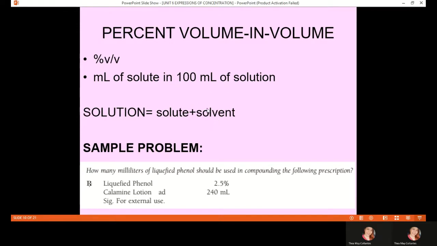So if you have 10 grams of NaCl and 90 ml of water, that comprises about 100 ml of your solution. The ml of your water could be interchanged into grams, so they are quite equivalent.